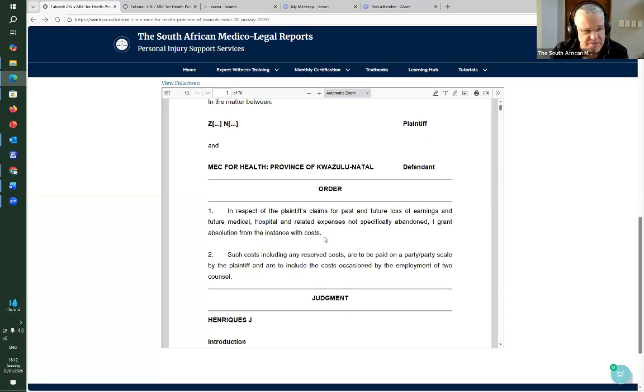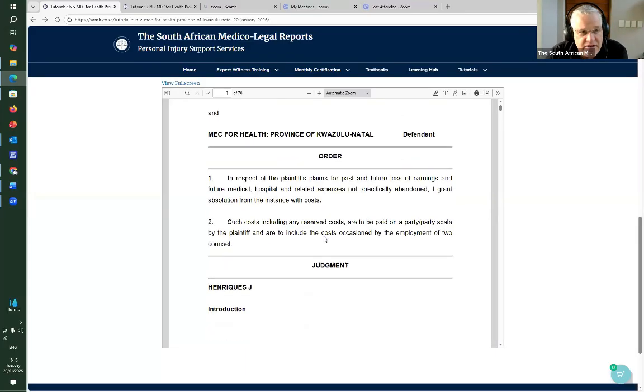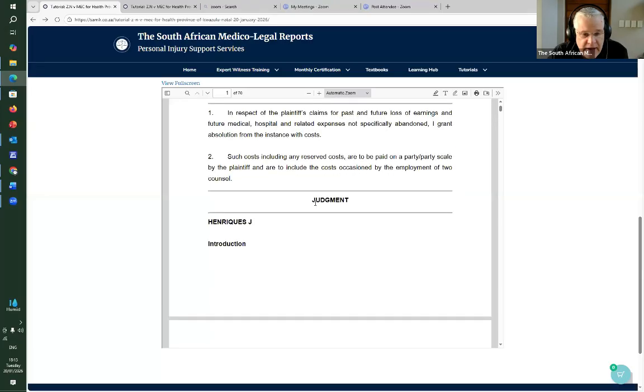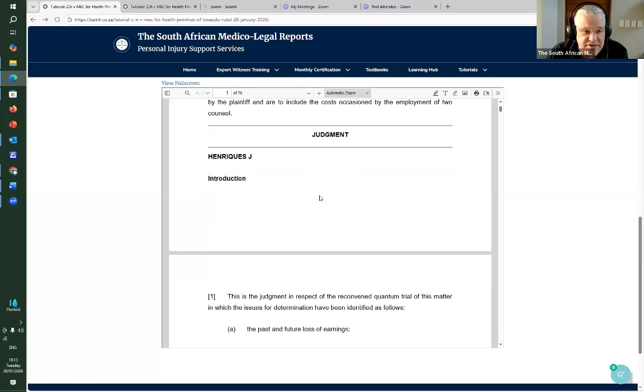The format of the judgments is sometimes slightly different, but very often you get a summary on that first page. And then you also get the order, more accurately, I beg your pardon, not a summary of the judgment, it's the order made by the judge. And then we have the judgment itself.